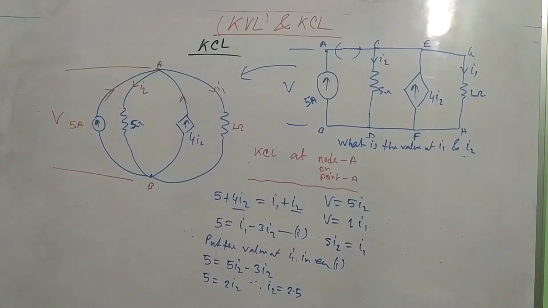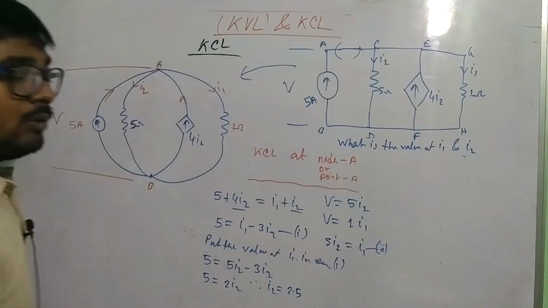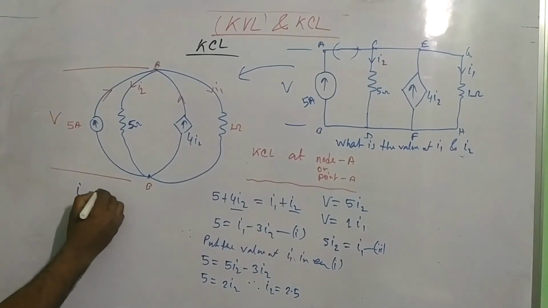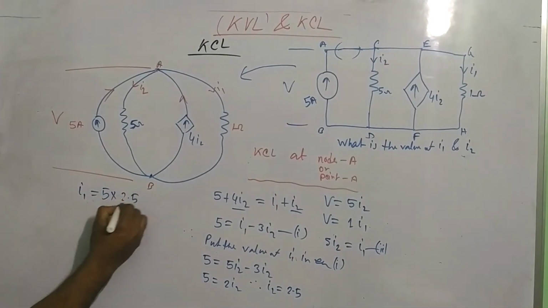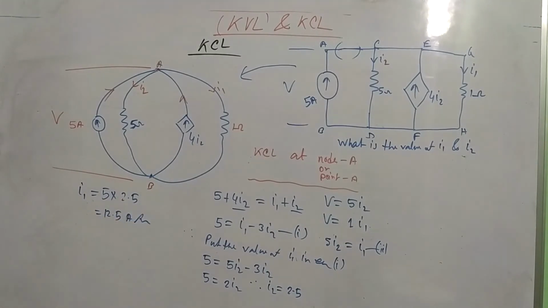So what is the value of I1? This is equation number 2. From equation 2 we get I1 equals 5 into 2.5, that means 12.5 ampere. I think that is clear.